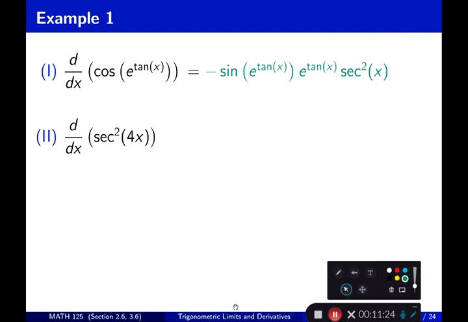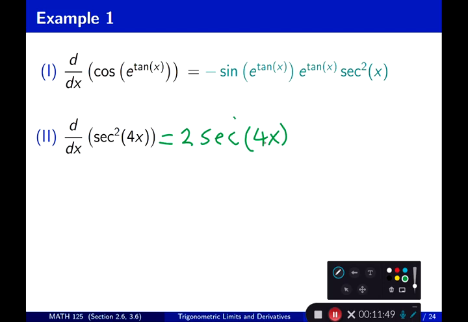What's the derivative of secant squared 4x? And there is a most outer layer. The most outer layer is the to power. It's the generalized power rule. So peel that one down, it would be 2 secant to power 2 minus 1 of 4x.